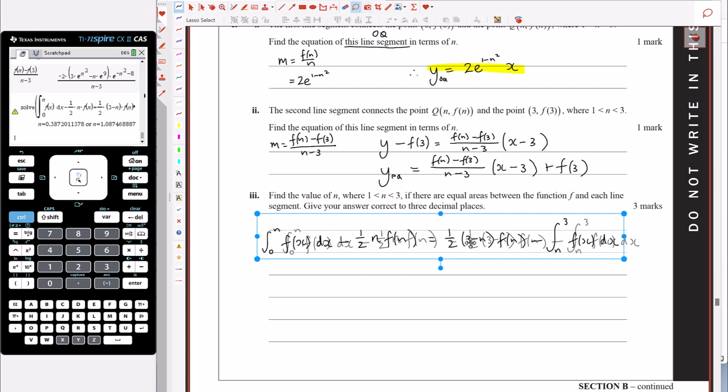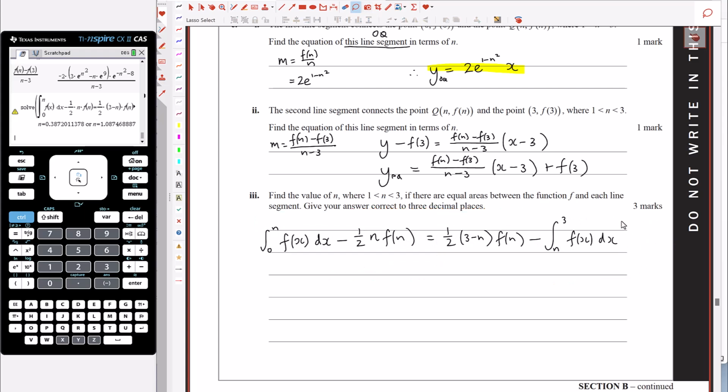You could, of course, use your equations of the tangents, and I suspect that was a much more common solution. It was certainly my first instinct. It's just on the re-record I was trying to avoid having to write out those tangents again. Although interestingly, in the solution there was a statement that students are discouraged from writing out the expressions again. The problem I have is that the tangents don't actually have official names, so I called them YOQ and YPQ, and in the examiner's report they call them Y1 and Y2, but generally speaking, if it's not an f of x or a g of x, I wouldn't be using that.